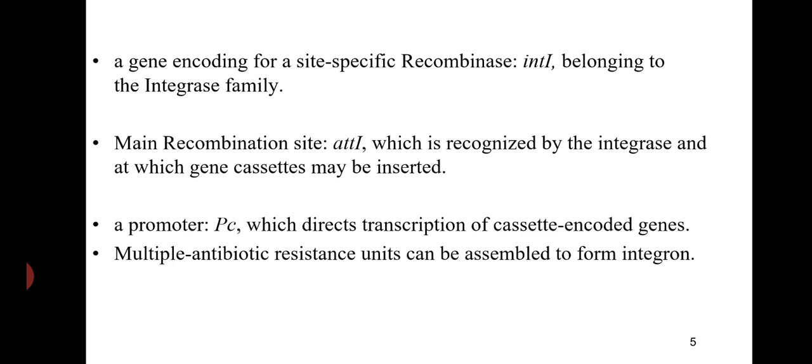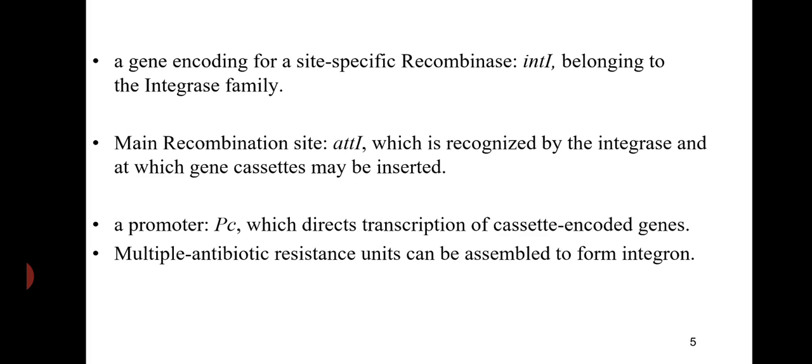Second, the main recombination site is the attI site that we have just discussed before, which is recognized by the integrase enzyme and at which the gene cassettes may be inserted. So this attI site is the main recombination site for the incorporation of gene cassettes, shortly called GCs, and at a time two or more gene cassettes may get incorporated into these attI recombination sites.